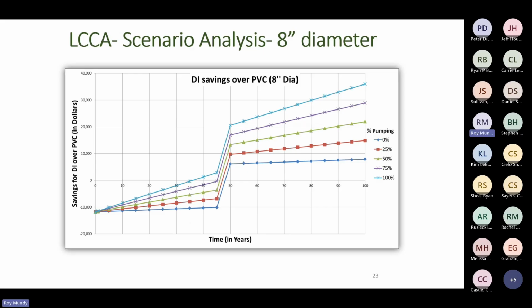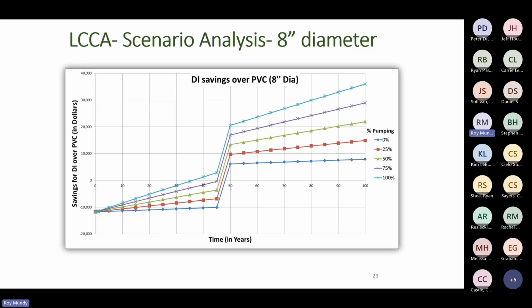So, that is somewhat of a summary in terms of their analysis of PVC and ductile iron pipe for the two diameters that they were looking at, both 8-inch pipe and 24-inch pipe.